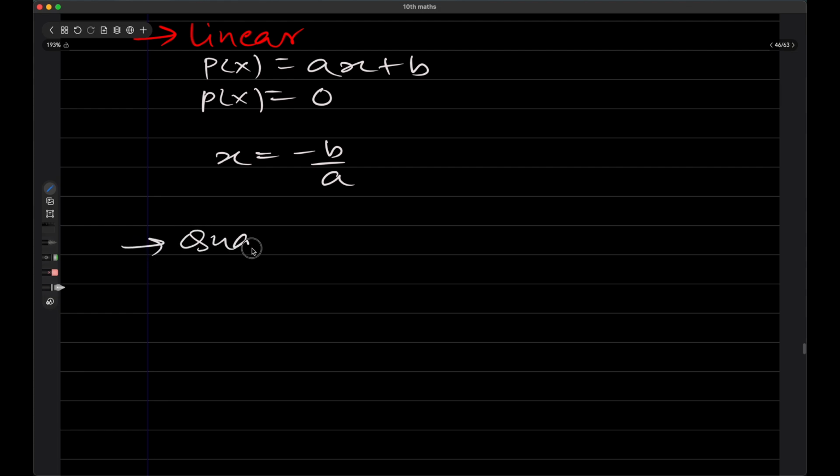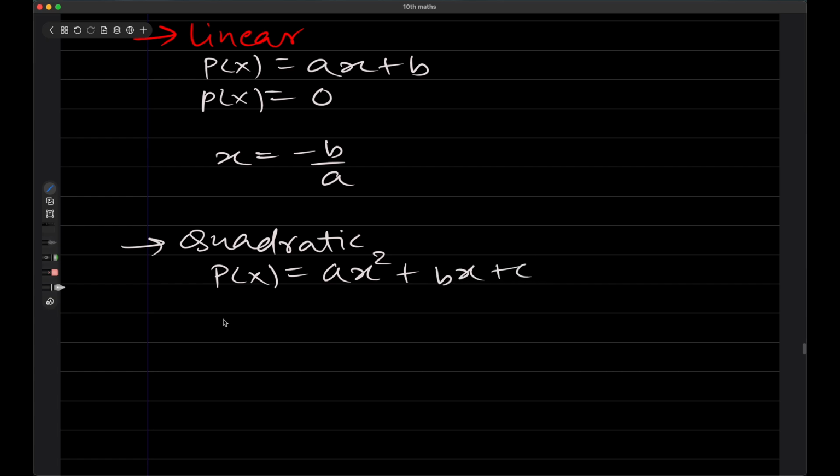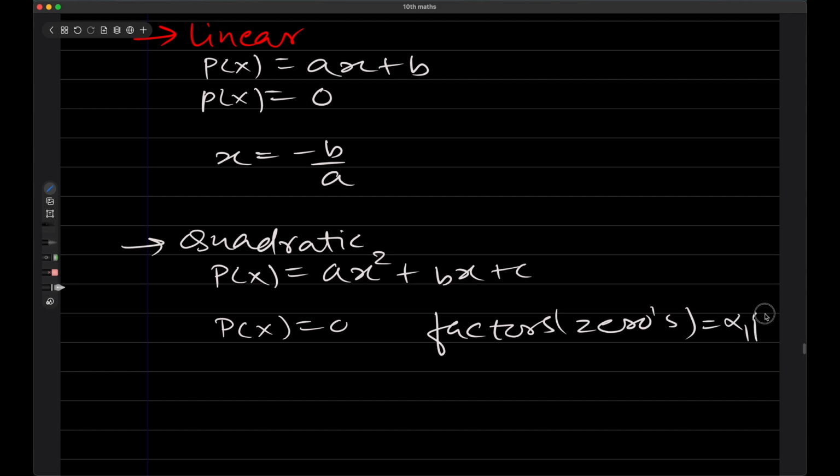For quadratic polynomial, we have p of x equals ax square plus bx plus c, and if we put p of x equals 0, we can get factors or the zeros of quadratic polynomial equal to alpha and beta, that is k into x minus alpha x minus beta equals 0, and zeros of the polynomial are alpha and beta.